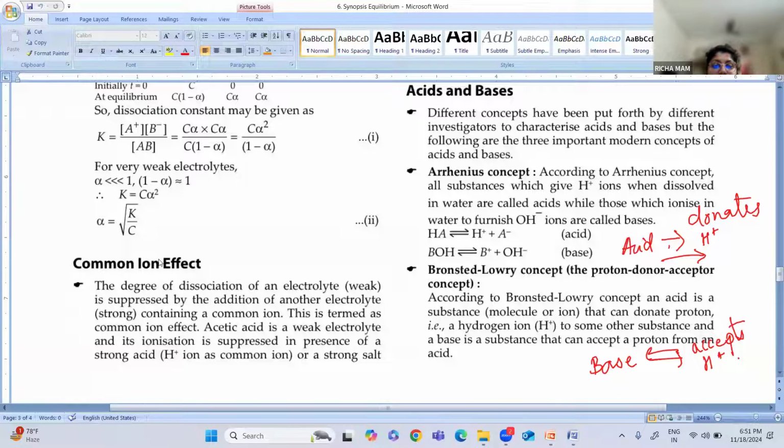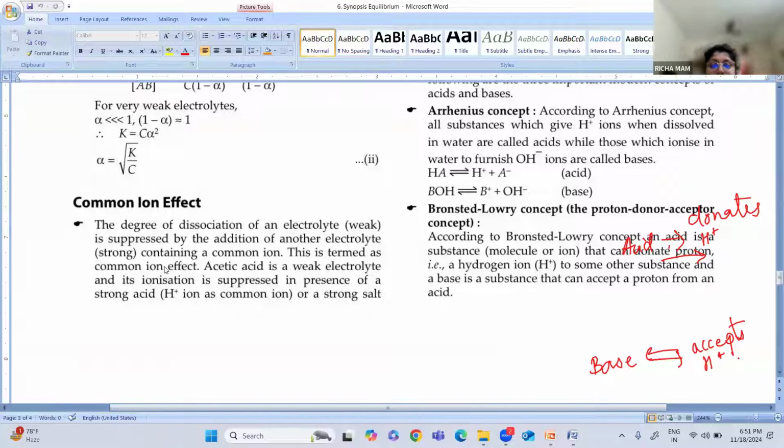So remember this. According to the Bronsted-Lowry concept, acid is a substance that donates protons, and base is a substance which will accept protons. Important concepts: Arrhenius and Bronsted-Lowry.